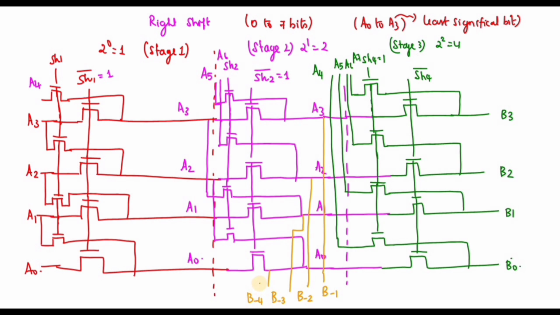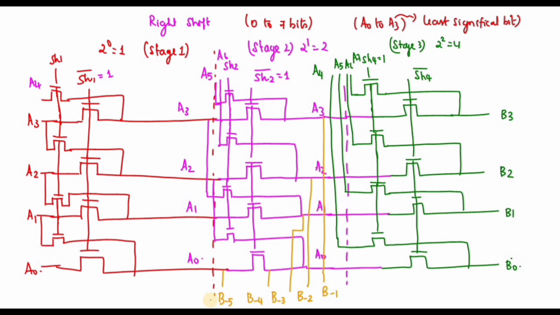And I can take the second shift, 7 bits value, like 1, 2, 3, 4, 5, 6, 7. If it is 1 bit, it gets shifted here 2, 3, 4, 5, 6, 7, and the 8th one is here. Okay, B of minus 5.